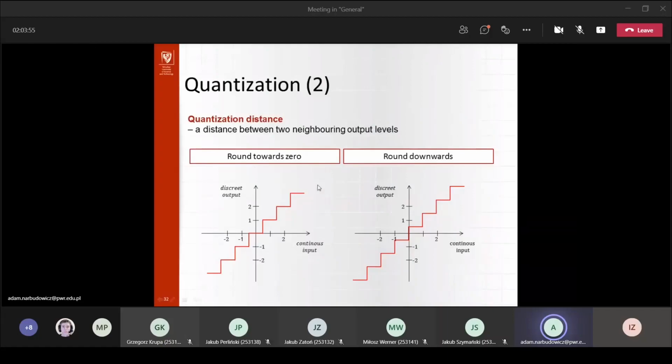You can of course do what's called round towards zero, which means you round the discrete value downwards, so it's reduced. Whichever you choose, you should be aware there are different types of rounding here.